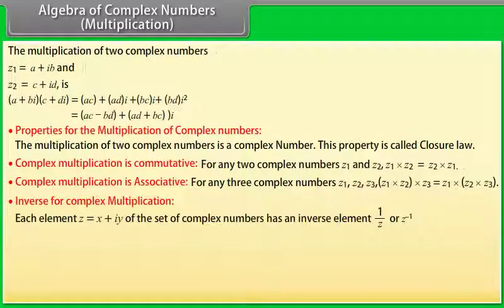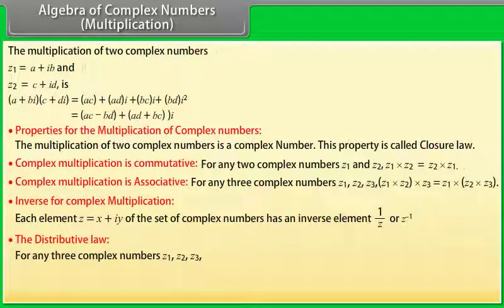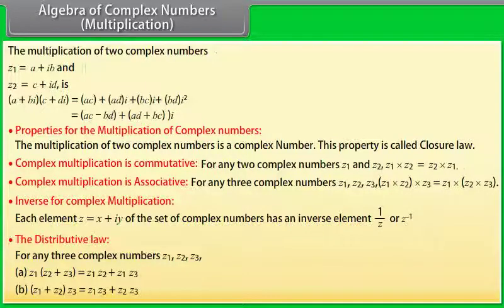Each element Z is equal to x plus iota y of the set of complex numbers has an inverse element 1 by Z or inverse of Z. The distributive law. For any three complex numbers Z1, Z2, Z3, Z1 into Z2 plus Z3 is equal to Z1 into Z2 plus Z1 into Z3. Z1 plus Z2 into Z3 is equal to Z1 into Z3 plus Z2 into Z3.